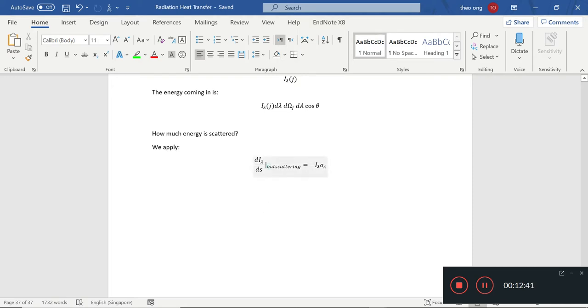So what do we do? You substitute the I lambda, this is the ray in question anyway, with this. We'll have to multiply all of this throughout first.